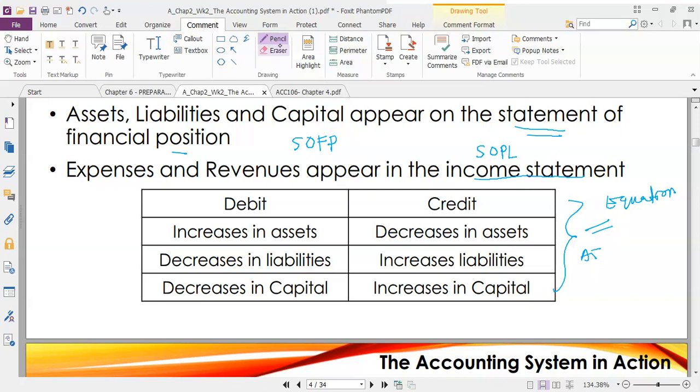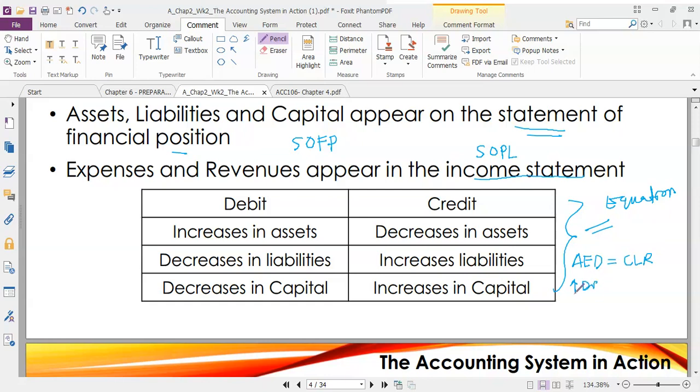Ingat tak? Equation, formula dia, AED is equal to, ingat lagi tak kelas? Yes, CLR. So, AED, when increase we put on what side?